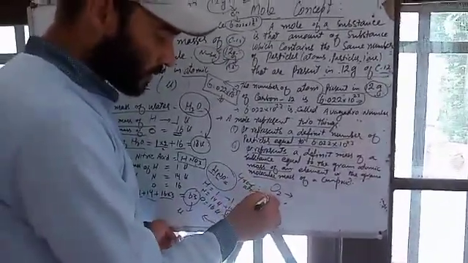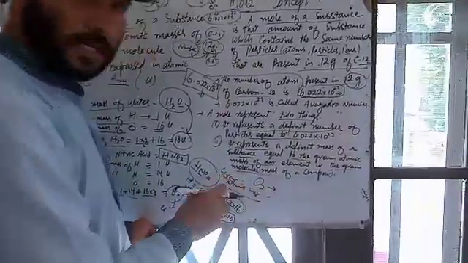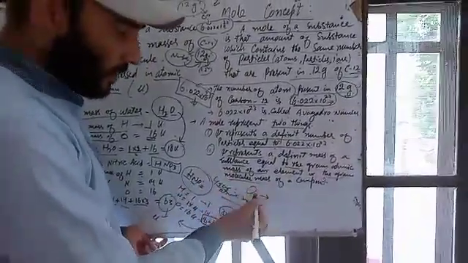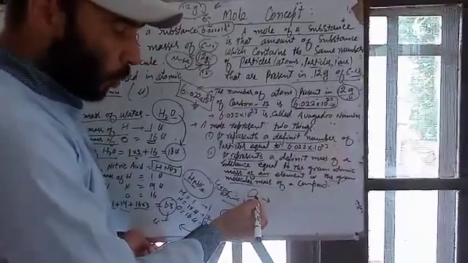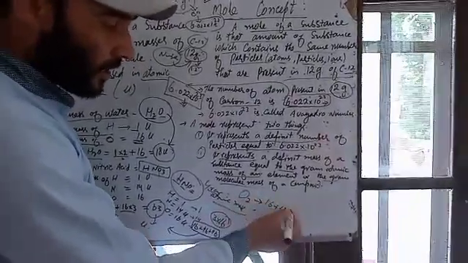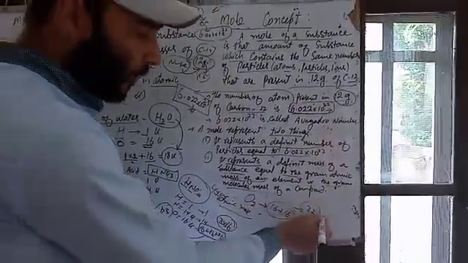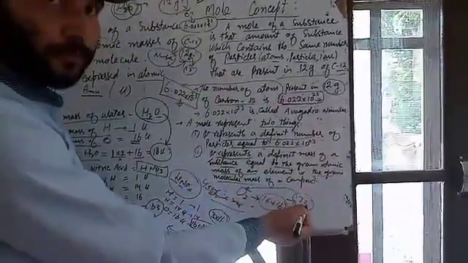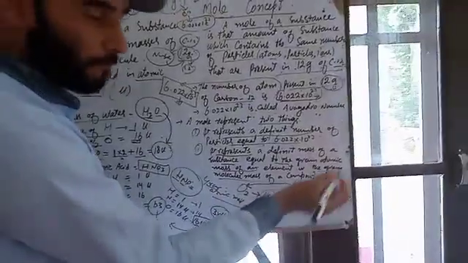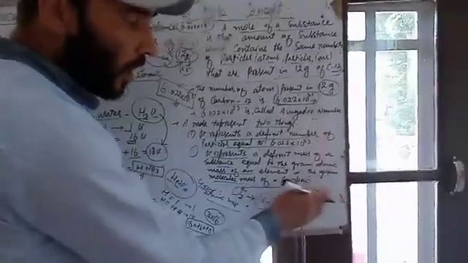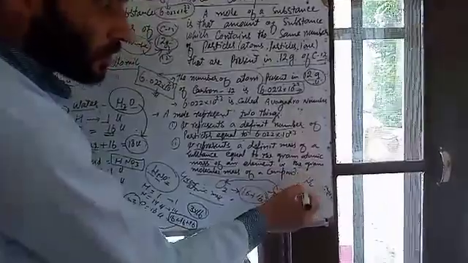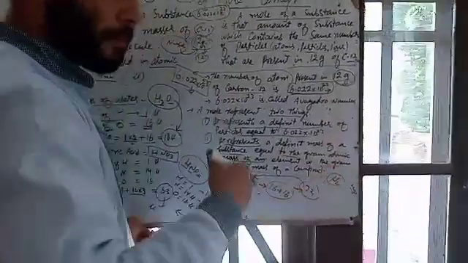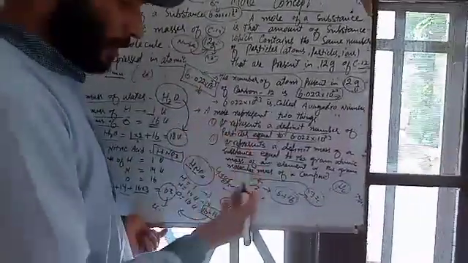Gram atomic mass is the atomic mass of an element. For example, oxygen, O2, is 16 plus 16, that means 32. O2 has a gram atomic mass of 32. Cl2 or H2, these are the gram atomic masses.